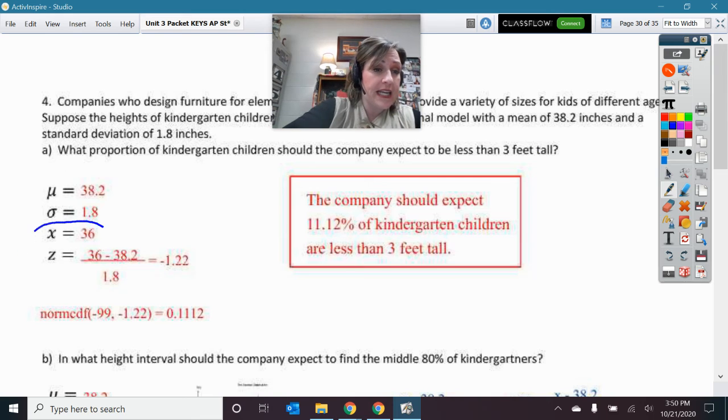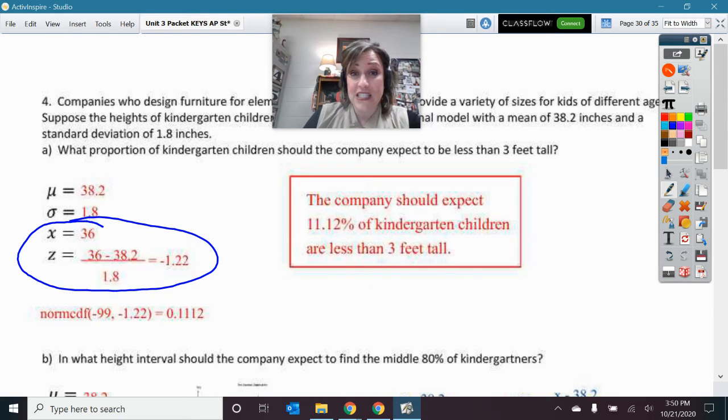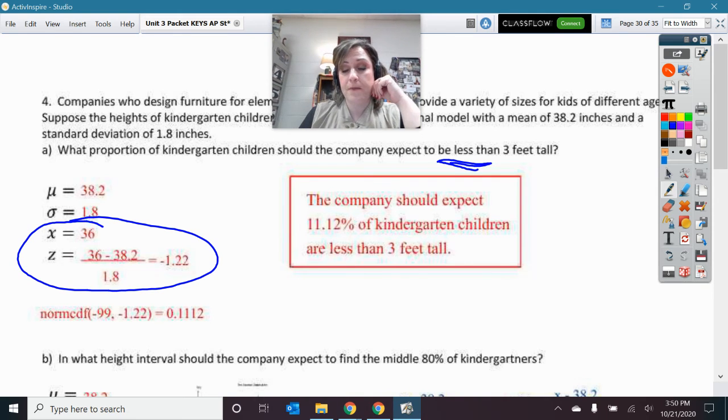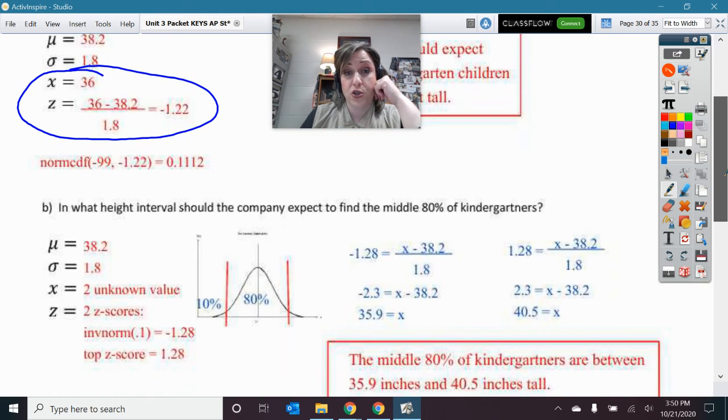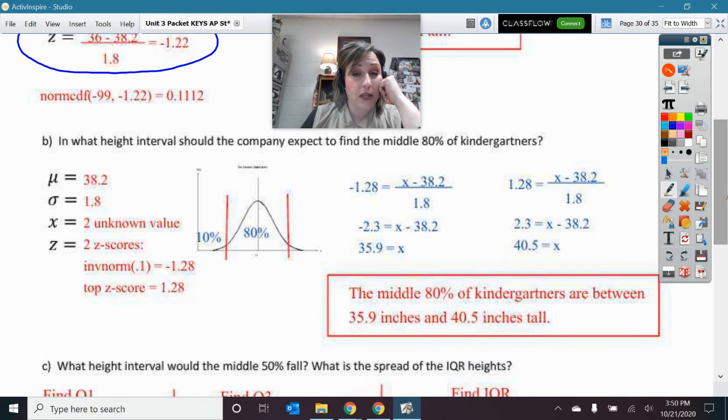And so that's what I did here. And then I got my z-score. You show that z-score, and then you do norm CDF, the area below, less than 3 feet tall. It's just 11.12% of kindergarten children who are shorter than 3 feet tall.